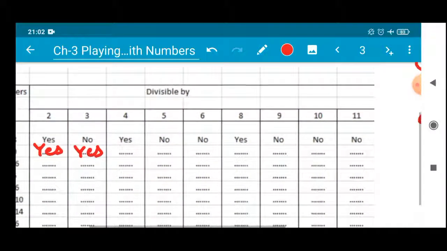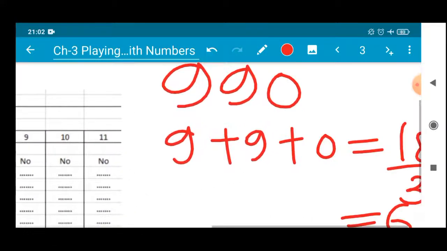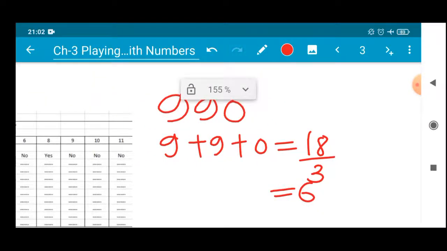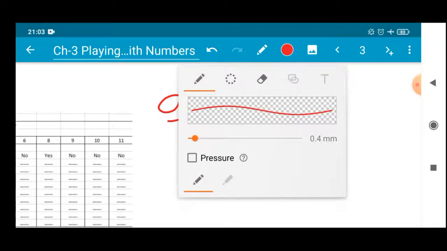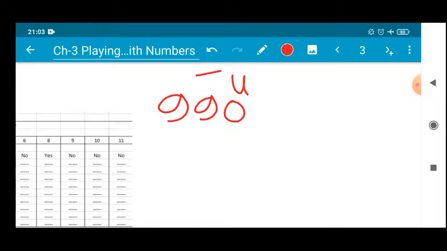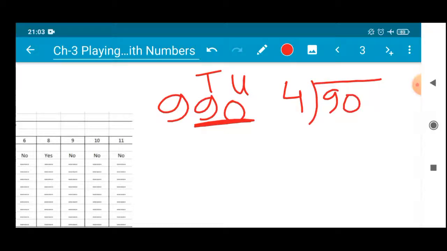So let's proceed to the number 4, whether 4 can divide 990 or not. In order to do that, we have to check the last 2 digits, that is the unit position and the tens position. If the 2-digit number is divisible, then the whole number will be divisible by 4. 4 eights are 32, 90 minus 88 is 2.